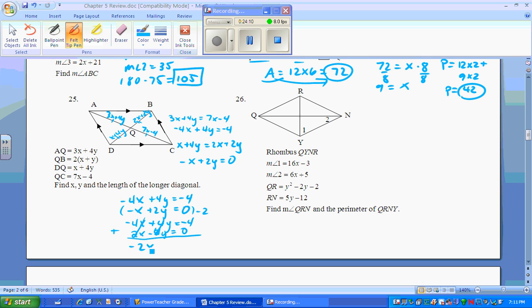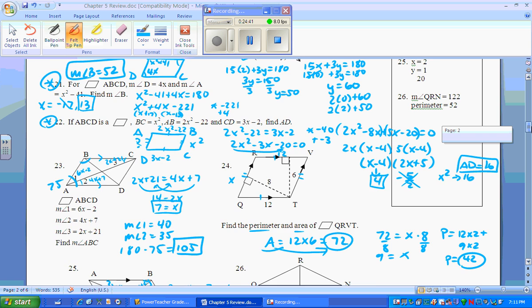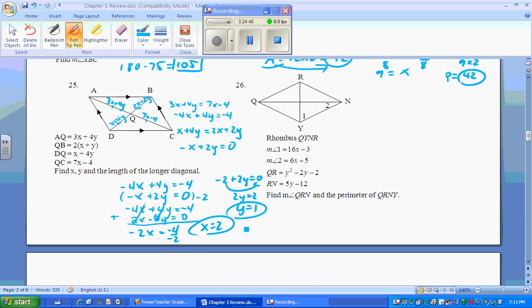The x's become negative 2x equaling negative 4. Divide, so x equals 2. Y, we can say right here, negative 2 plus 2y is equal to 0. Add 2 over, 2y is equal to 2, so y equals 1. There's those two things. Find the length of the longest diagonal. Well, you'd have to plug it back in, and you will notice, just like the answer column said, you get 20 for the diagonal right there.